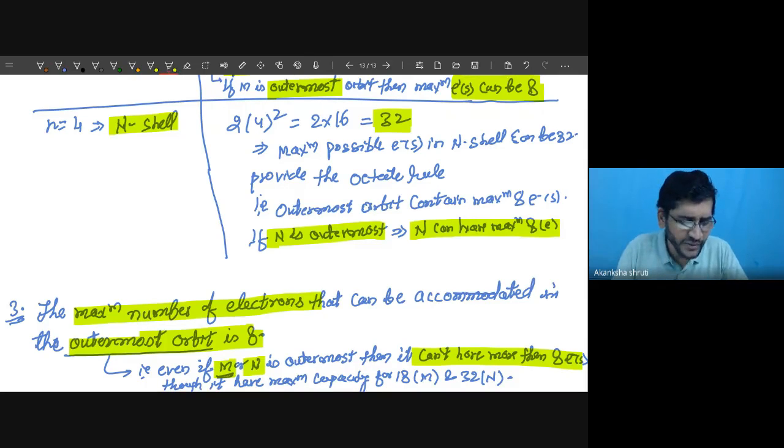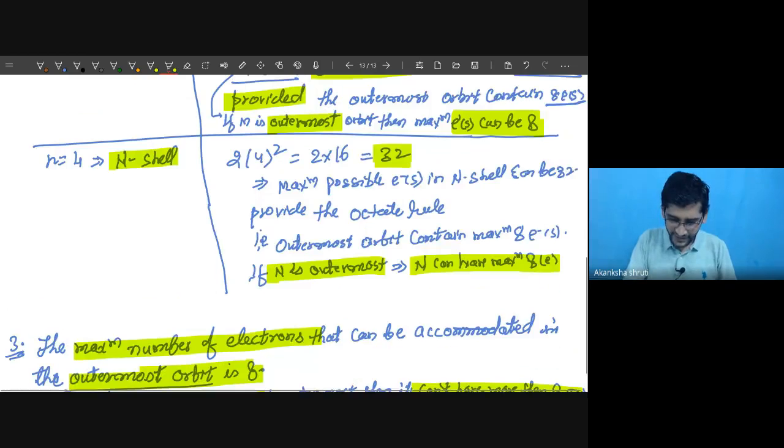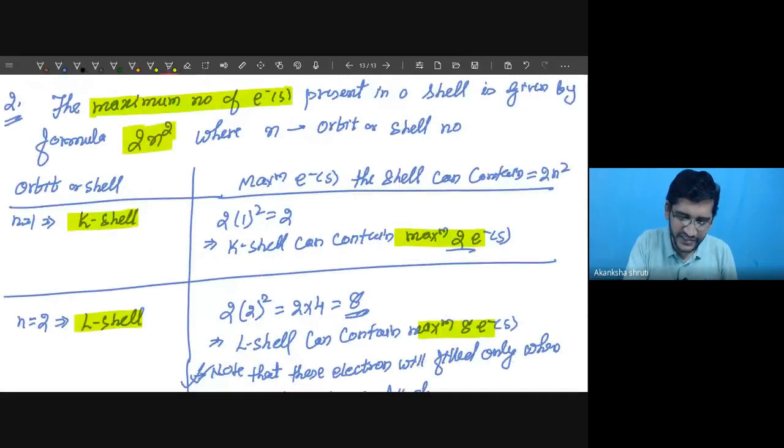So this was all about electrons not being accommodated in a given cell unless the inner cells are filled. We have already explained that, but let me write the rule also.